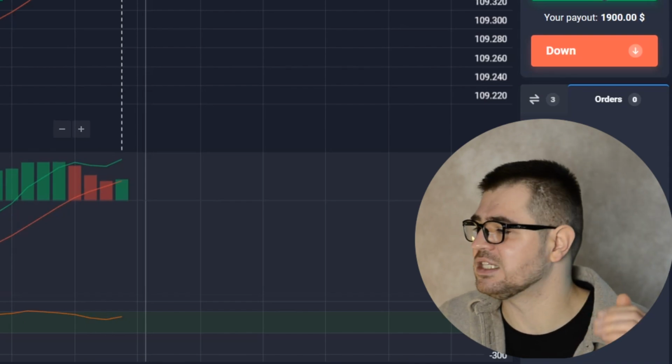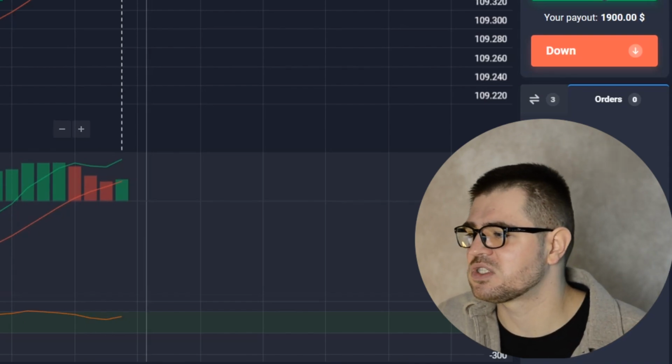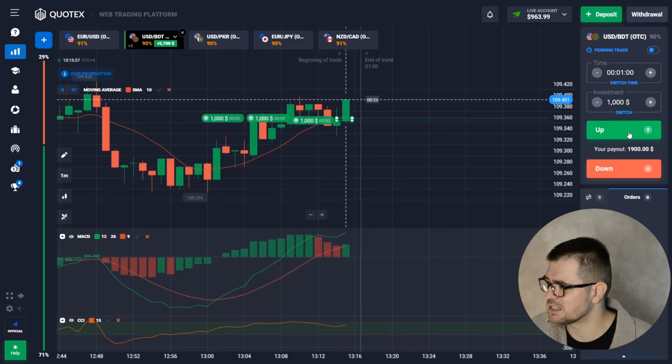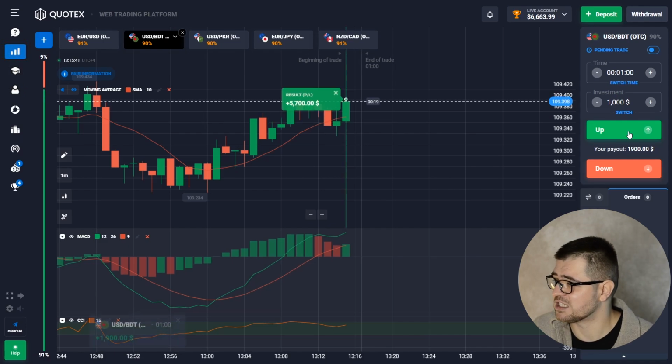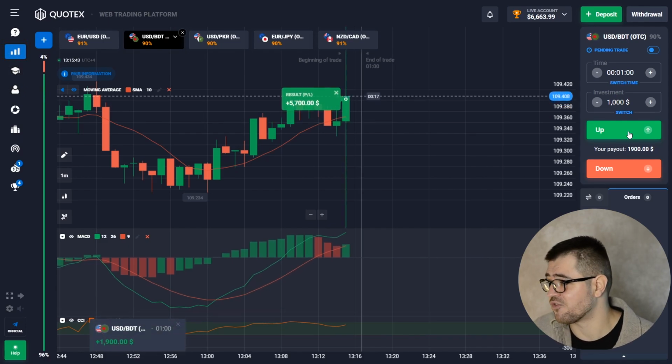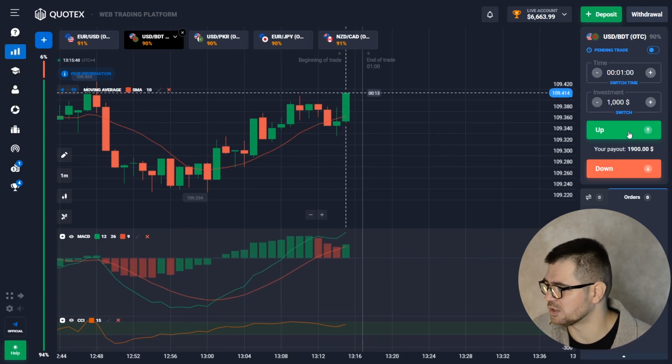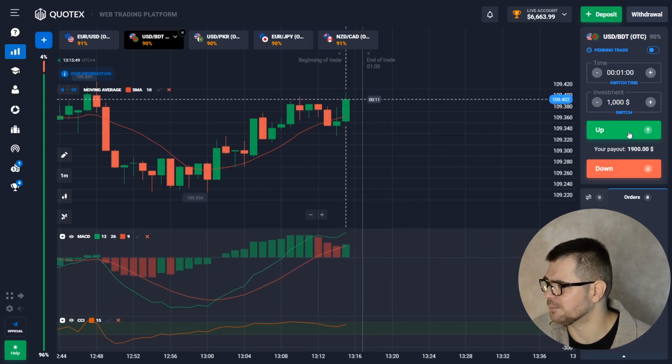But when it collects like this just below it, that's a good sign that it will break it. Yeah, so it's a good sign for a call option here. We had a profit just now from this one, but it's a good sign also for a next call option.